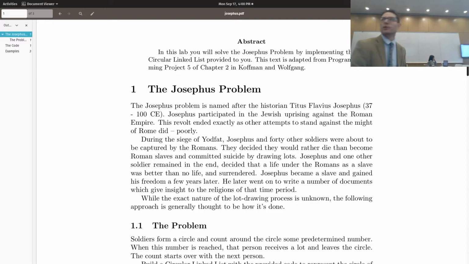We don't know the precise method, but we think we do, which we'll get into in a second. Essentially, they drew lots, and whoever drew a lot would be killed by the other soldiers. So we start out with all these soldiers, and they whittle themselves down, and eventually it's only Josephus and one other soldier who decide that maybe this was a terrible idea, and that having a life that was terrible was better than no life whatsoever, so they became slaves.